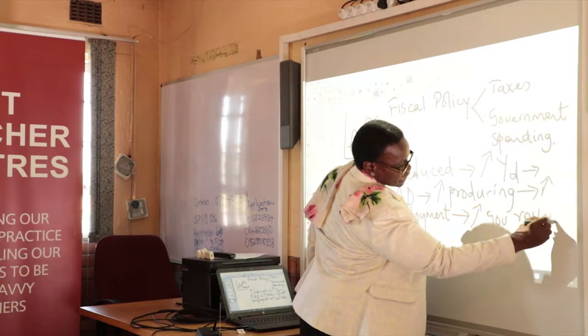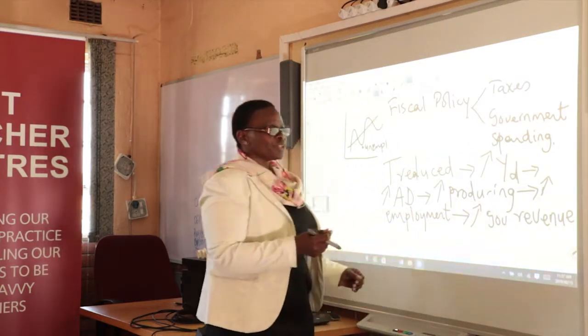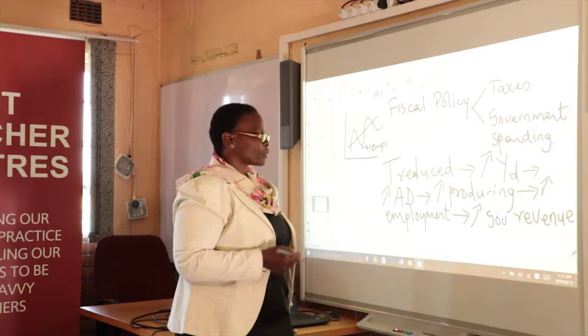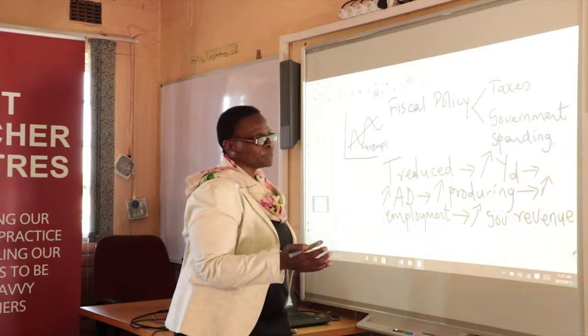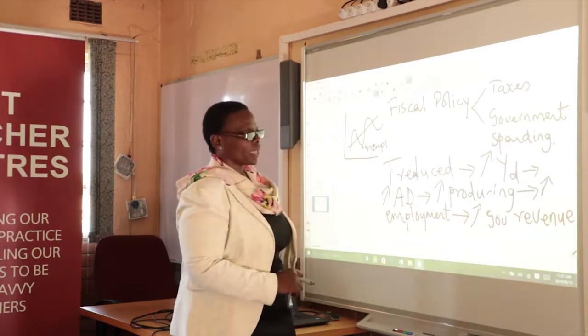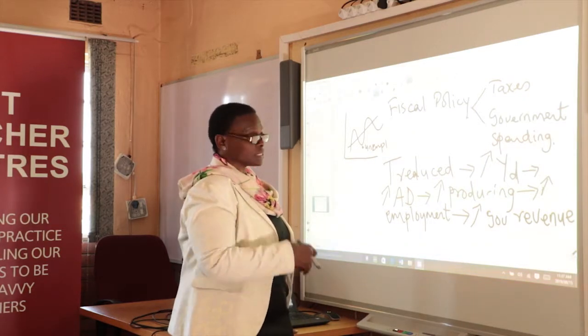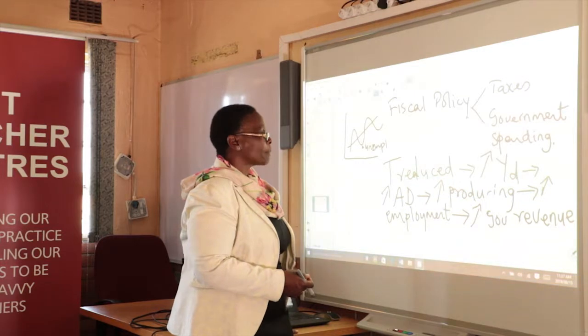And we know that this government revenue would then be used to provide public services to the people, which means people will get electricity, people will get houses and so on, which is the improvement in the standard of living of the people.